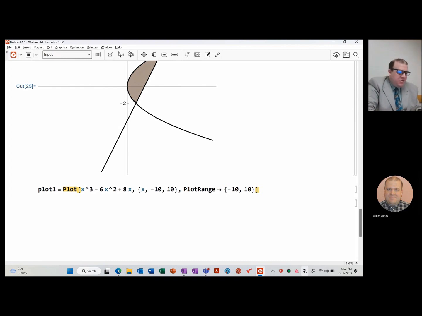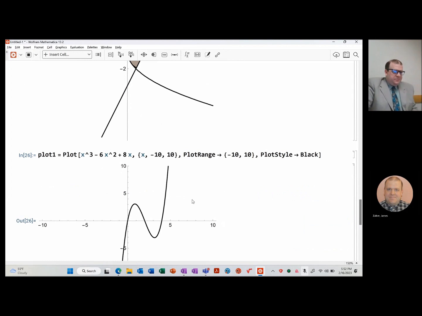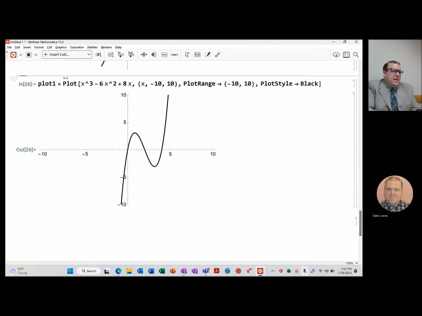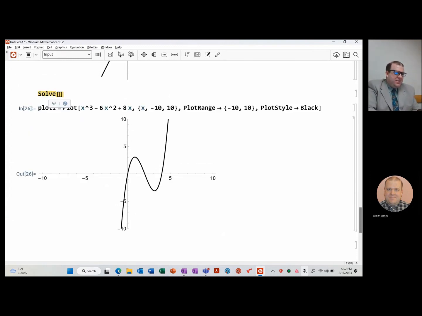I'll just use the standard viewing window. And so there is the first plot. Means we're going to have to solve. So what is the function going to equal?